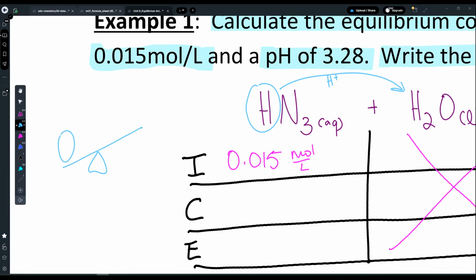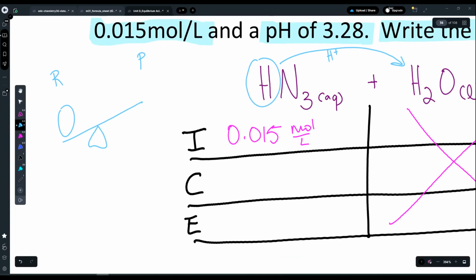Okay, so over on the left side here we have our reactants, and over on the right hand side we have our products. Now in order to achieve equilibrium or a balance on the seesaw, the ball has to move towards the right, or it has to favor the products a bit in order to get the seesaw to be balanced.